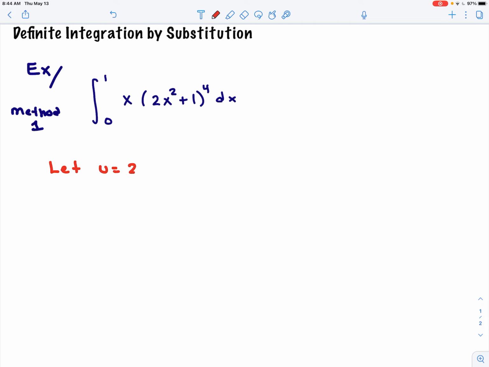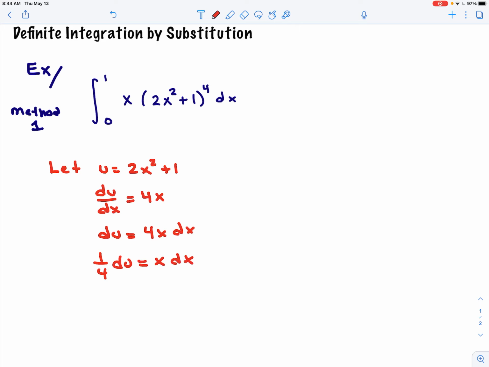So we're going to let u equal 2x squared plus 1, and then du dx is 4x, and then du is 4x dx, and then 1/4 du is x dx.